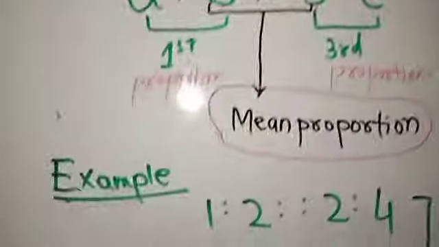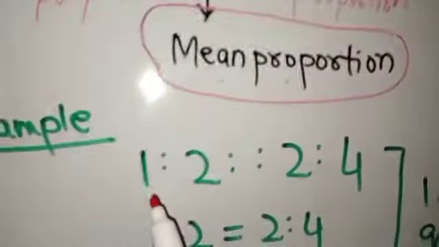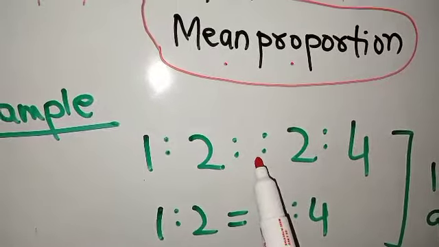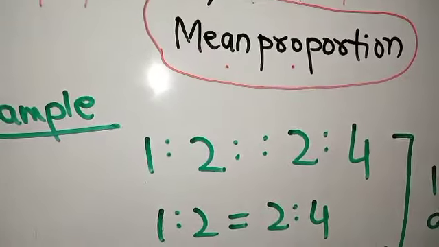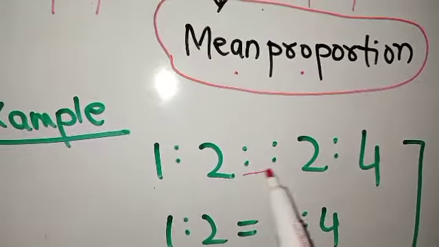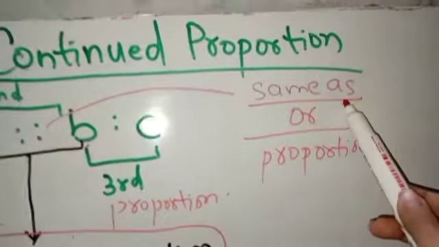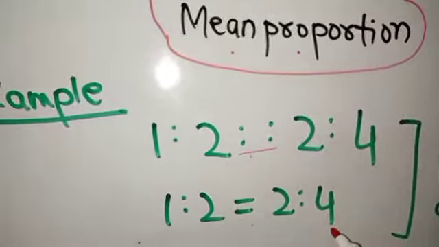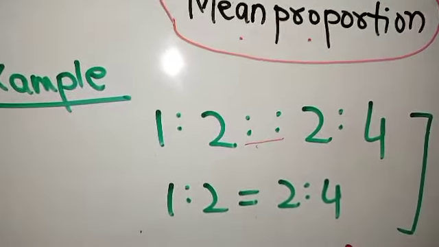Okay, now look at the example. If it is given to you 1 is to 2, then the proportion sign, then 2 is to 4. So 1 is to 2 is equal to, as I told you, this is read as "same as", so it is equal to 2 is to 4. How? This is one ratio, and it is equal to 2 is to 4.